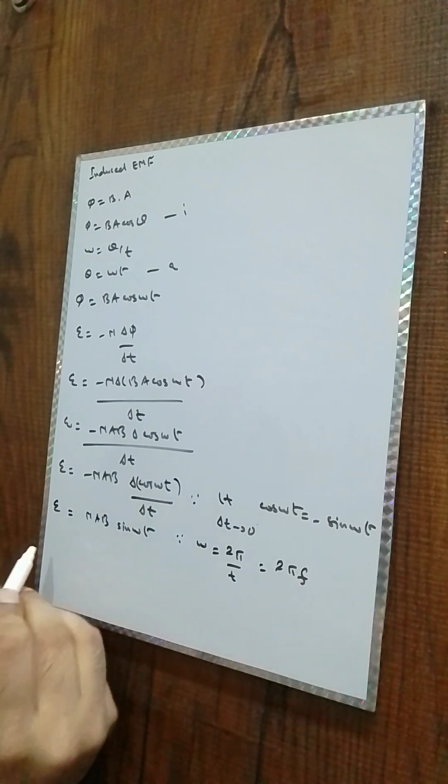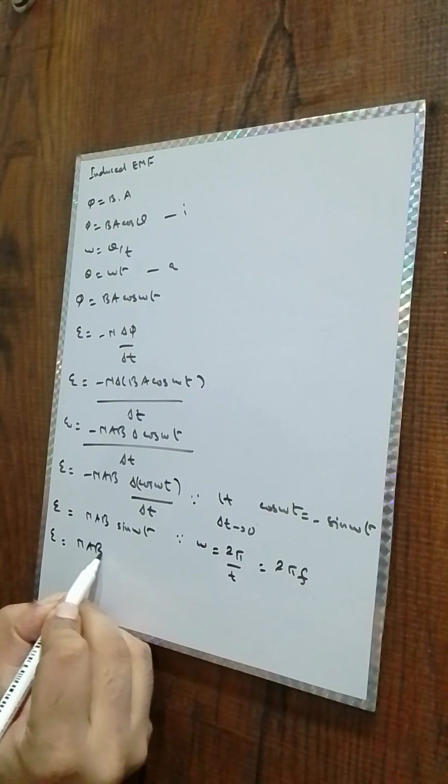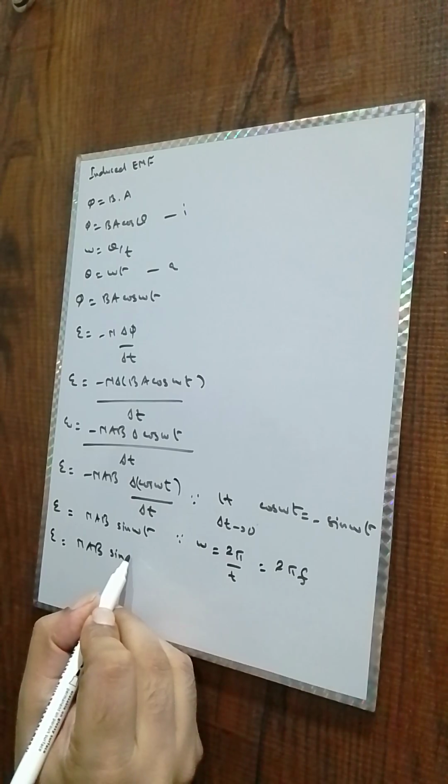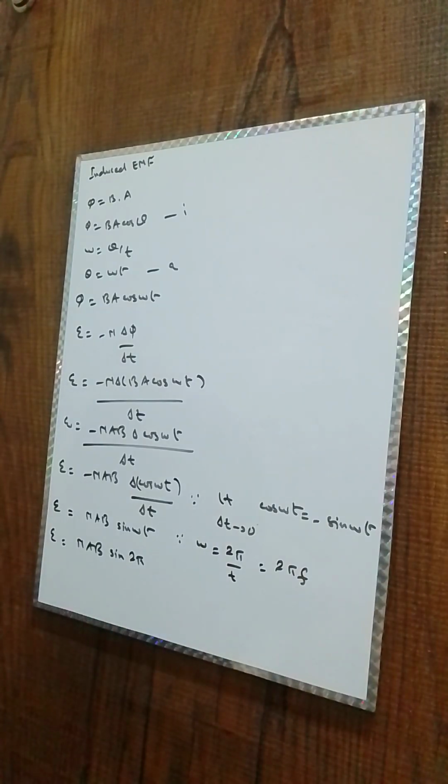Yes, we can use either. E becomes N A B sine 2 pi by T times t.